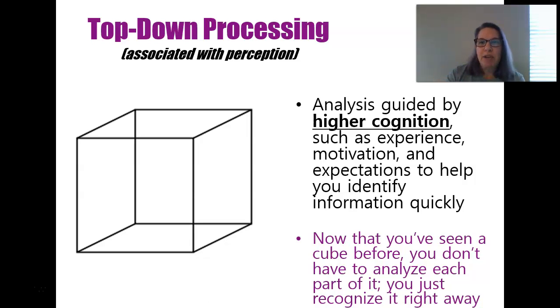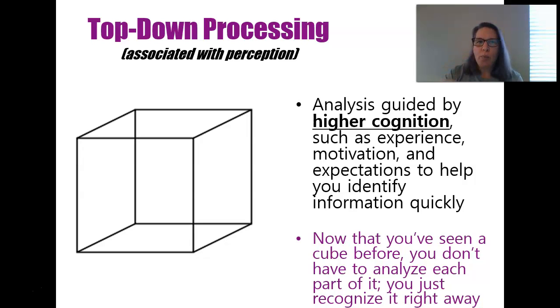Okay, so experience, knowledge, motivation, expectations, those things that help us identify information really quickly. So you've all seen a cube before. You've talked about it in geometry. You may have drawn them because it's a fun thing to draw. So now that you've seen a cube before, you don't have to analyze all its small bits and parts. You know right away from your previous knowledge that it is a cube.